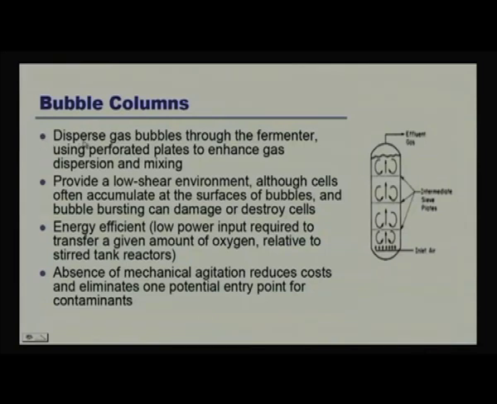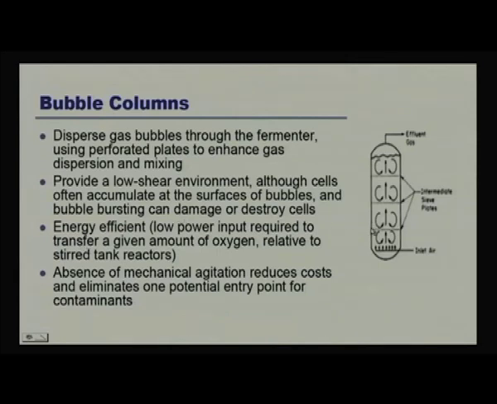Here the gas is dispersed through the fermenter using a perforated plate to enhance gas dispersion and mixing. It provides a low shear environment, although cells often accumulate at the surface of the bubble, and bubble bursting can damage or destroy the cells.